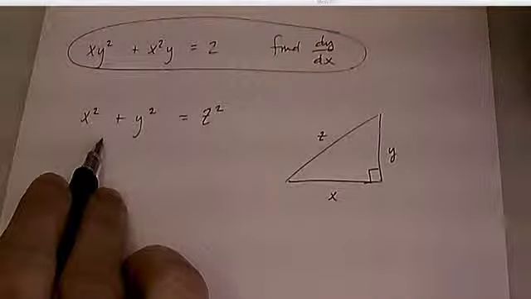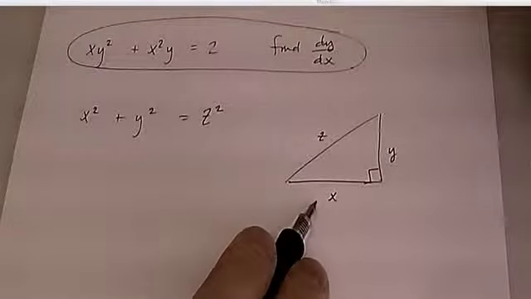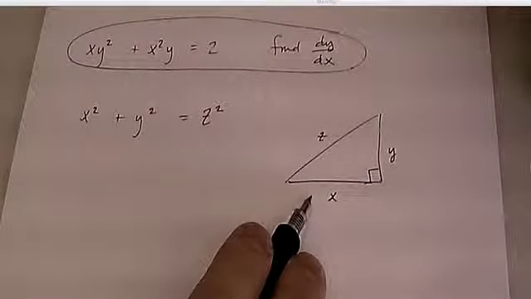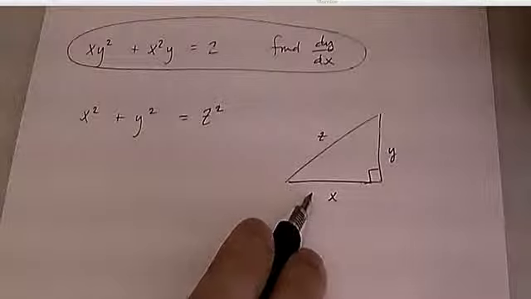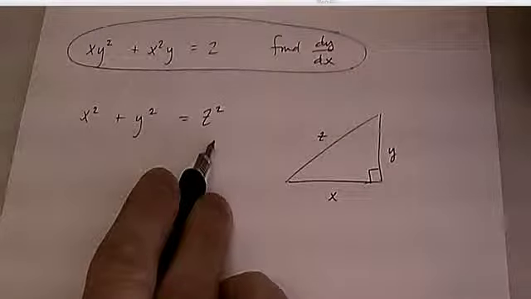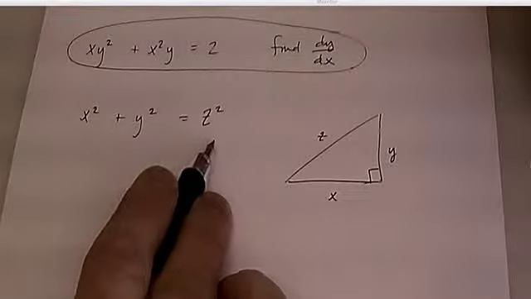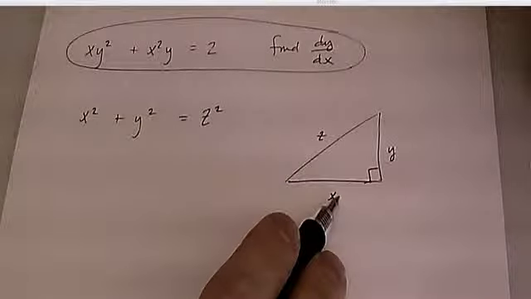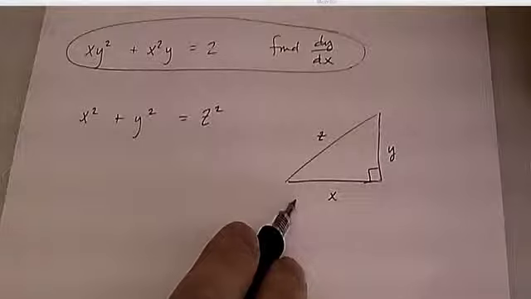Now, if this triangle starts changing shape, but we know that it remains a right triangle, not only are the sides going to be related to each other, but the rate at which the sides change will also be related.